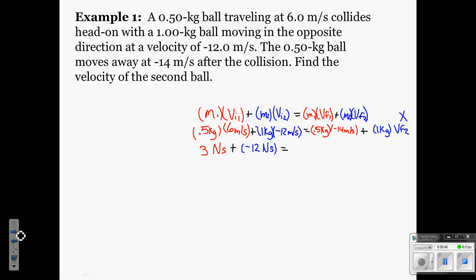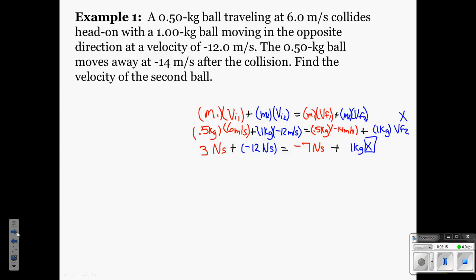You'll get in trouble if you don't. 0.5 times negative 14 is negative 7 NS, plus 1 kilogram X. X is our unknown. That's what we want to find out. That right there.